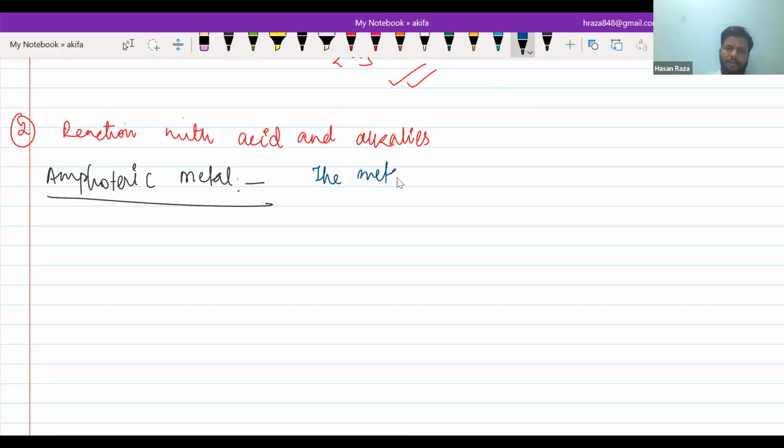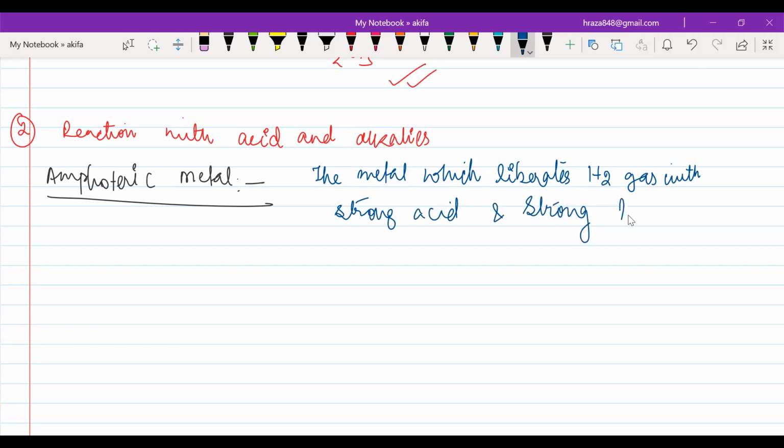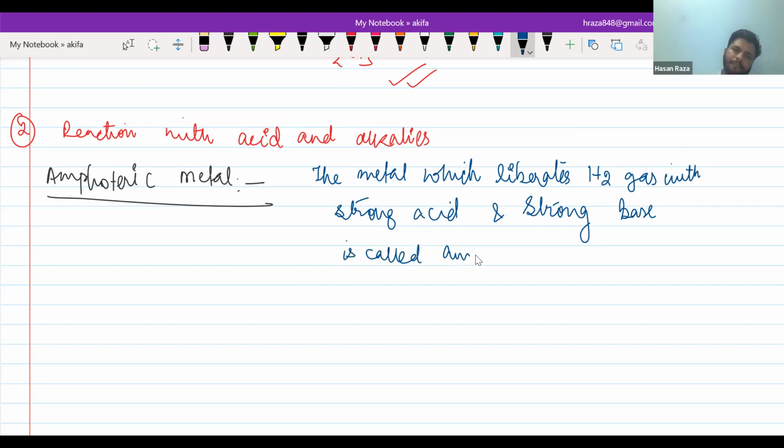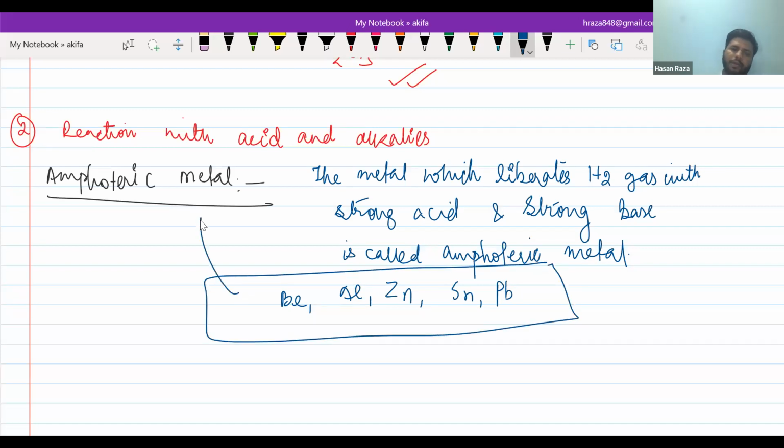The metal which liberates hydrogen or H2 gas with a strong acid and a strong base is called amphoteric metal. For example, beryllium, aluminum, zinc, tin, lead. These all are amphoteric metals.